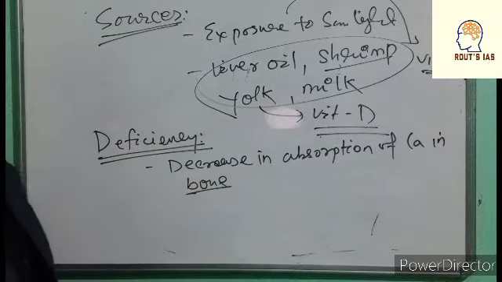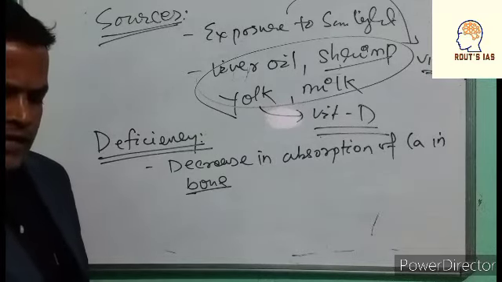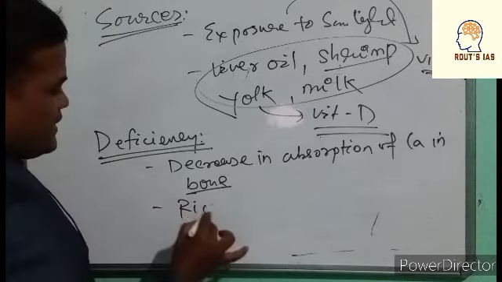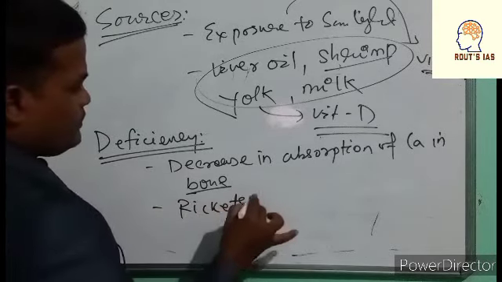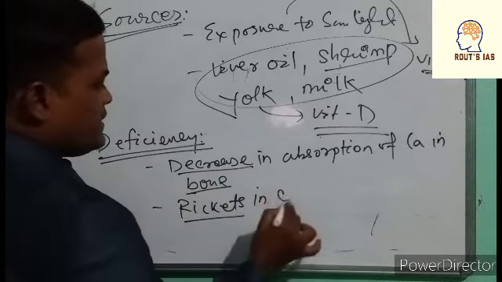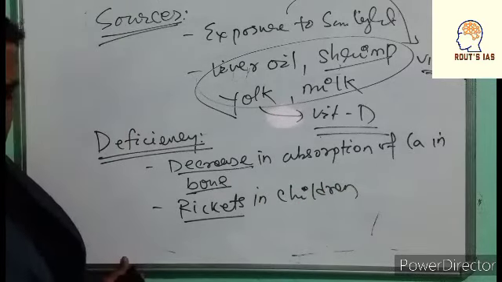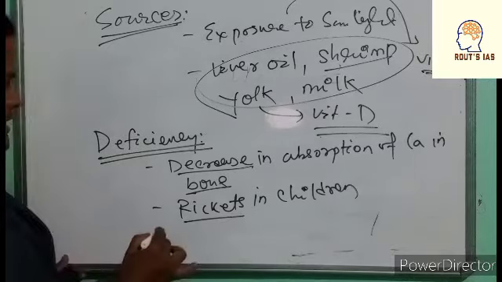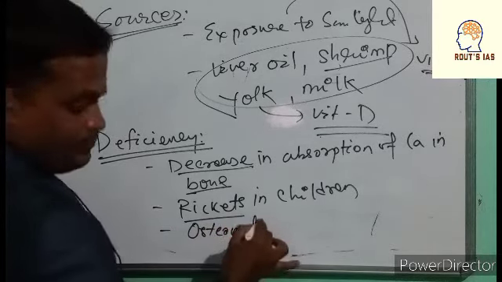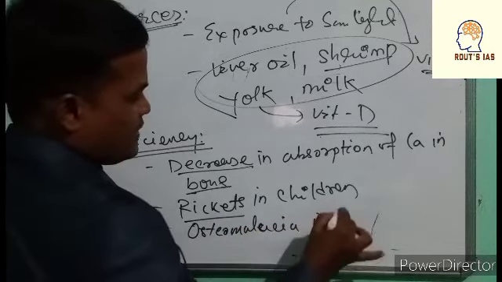So bone will absorb less calcium in the absence of vitamin D, and it causes rickets in children, a disease due to lack of vitamin D, and osteomalacia in adults.